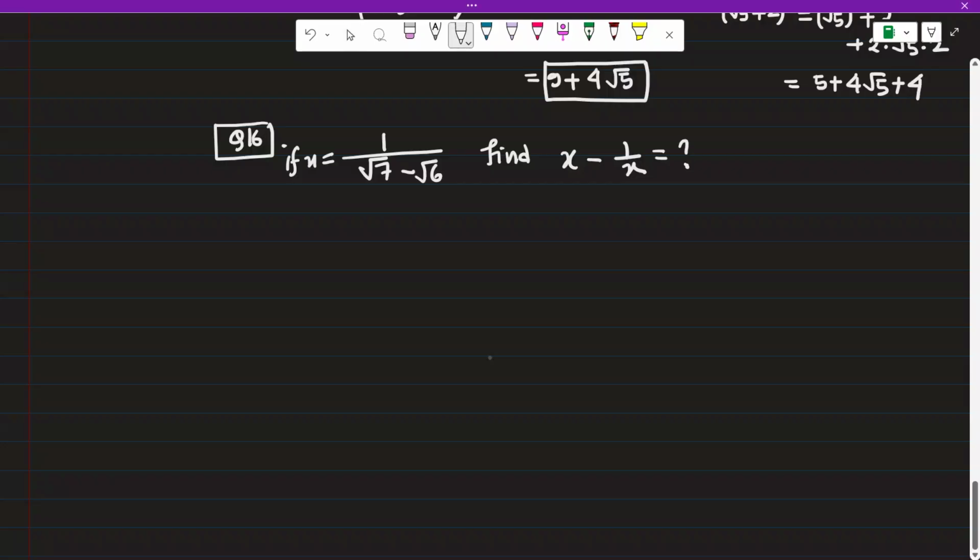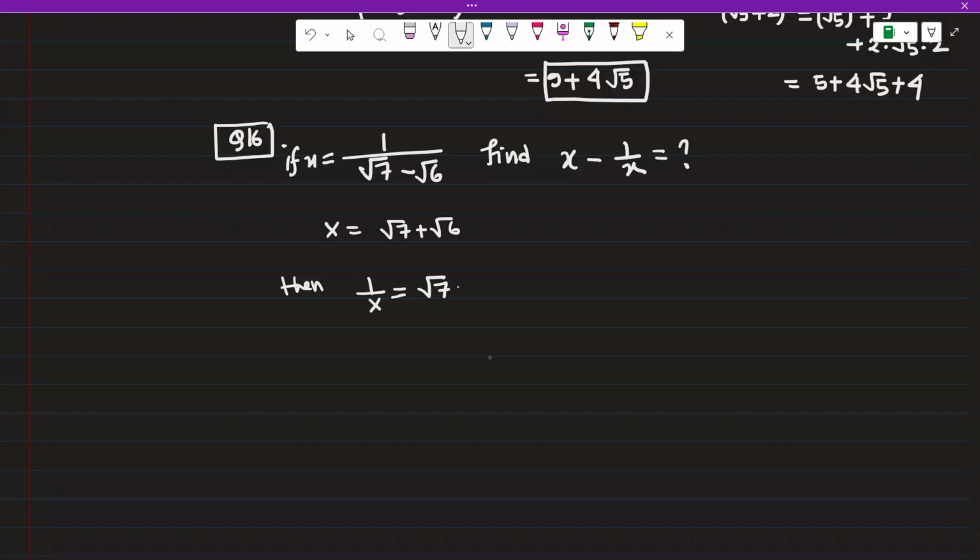To solve this, if you rationalize, we get x equal to √7 + √6, then 1/x equals √7 − √6.